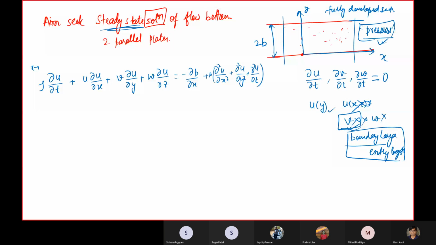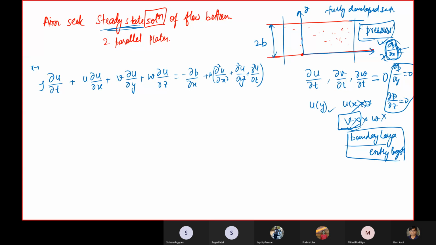So yes, dou p by dou x will be there, but dou p by dou y and dou p by dou z in this particular scenario we are going to ignore. So pressure is not changing with y or z, but yes, pressure is changing with x. We will take some constant pressure gradient g. Okay, that's another story, but we'll start with here.